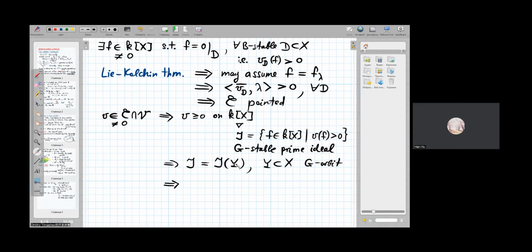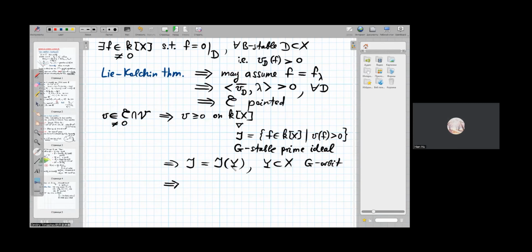I mean, this ideal I corresponds to a G-stable irreducible closed subvariety in X. But any such subvariety is an orbit closure. And the vanishing ideal of an orbit and of its closure is the same. So you can write that I is the vanishing ideal of an orbit.